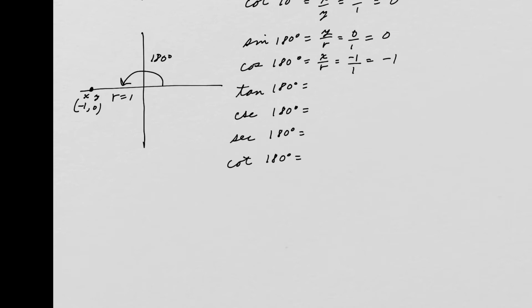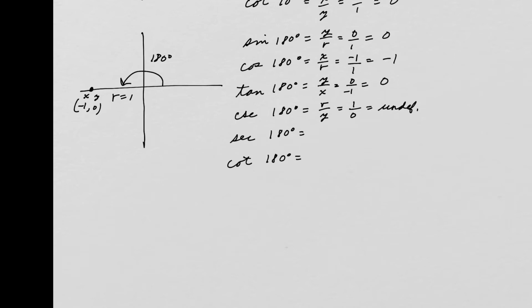Tangent of 180 is y over x. So that would be 0 over negative 1. Well, that's just 0. Cosecant is 1 over sine, so that's going to be r over y. So that would be 1 over 0. That's undefined.